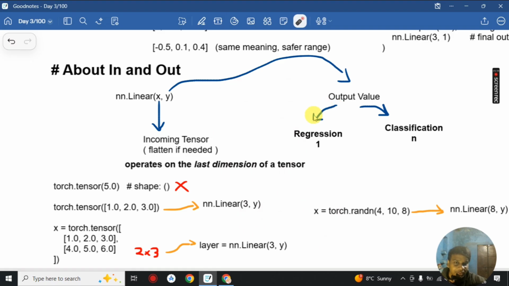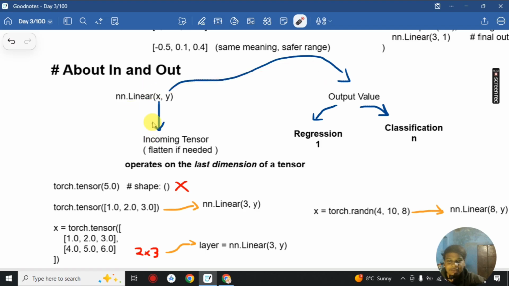If it is regression, we are considering only one output, and for classification it depends on the number of classes. For example, if you want to classify two values here, the output value will be 2. If it is 10-class classification, the output value will be 10, and so on. This is how we get y here.